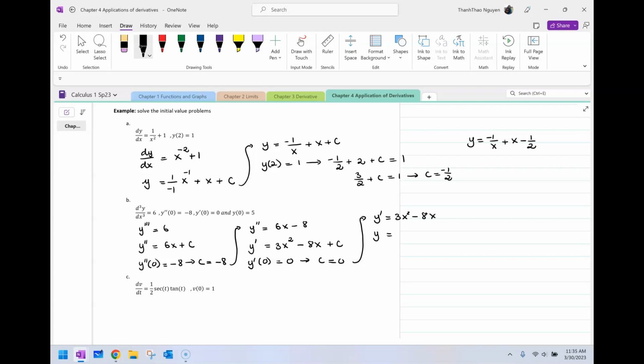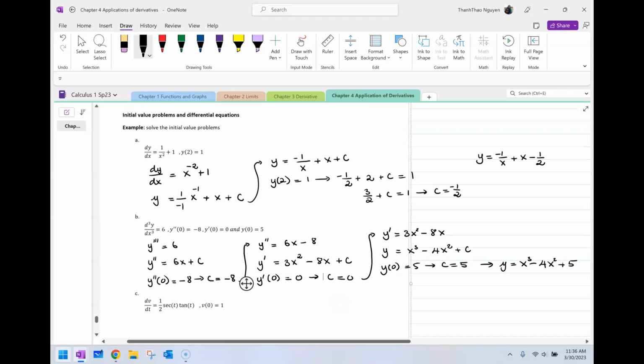Then y is equal to x to the third minus 4x squared plus c. And we are told that y of 0 equals 5. This implies c equals 5. This means our function is y equals x to the third minus 4x squared plus 5.